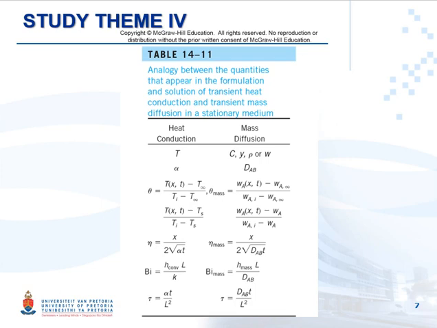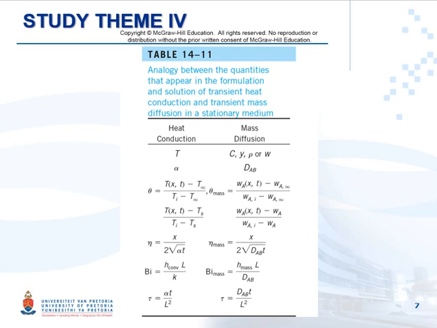And for example, if you remember from transient heat conduction, of course we were talking about the temperature. In mass diffusion we are talking about concentration, but with different ways of expressing the concentration, mole base, mass base.